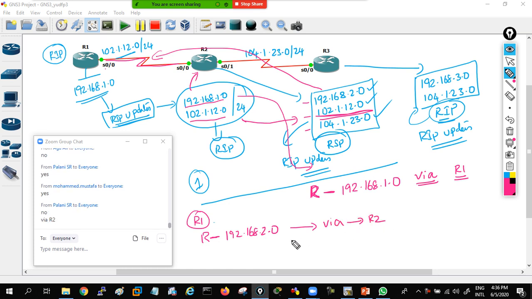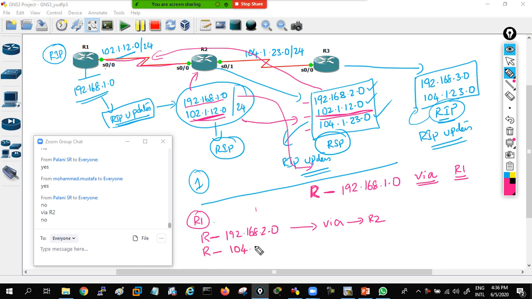Very good. Then it sees 102.1.12: I know this network, so I don't need to keep it in my routing table. Then 104.1.23: do I know this? No, let's keep it in my routing table: 104.1.23.0, learned via Router 2.